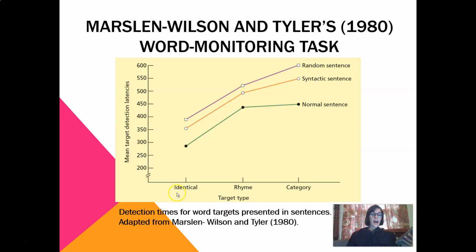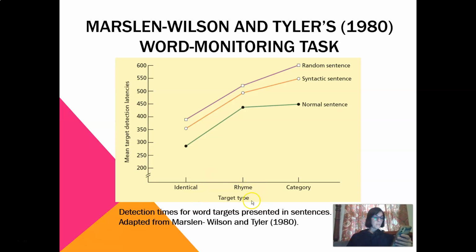In addition, they had to do a word monitoring task, and there were 3 different types of tasks depending on the situation that they were told to do. For identical monitoring, the particular cue word was the actual word that they were supposed to listen for. So for example, the identical cue word was lead. So if they heard lead, they basically had to identify that.